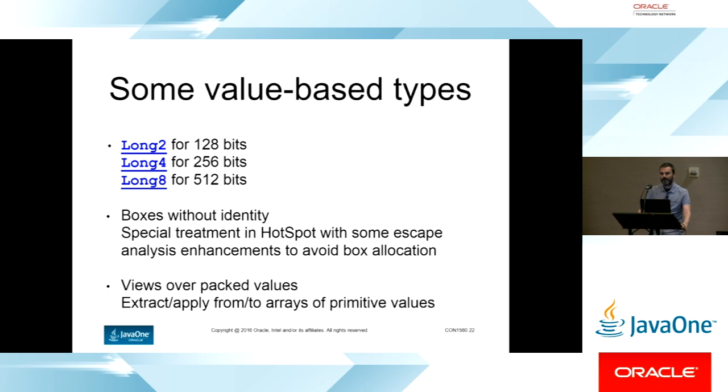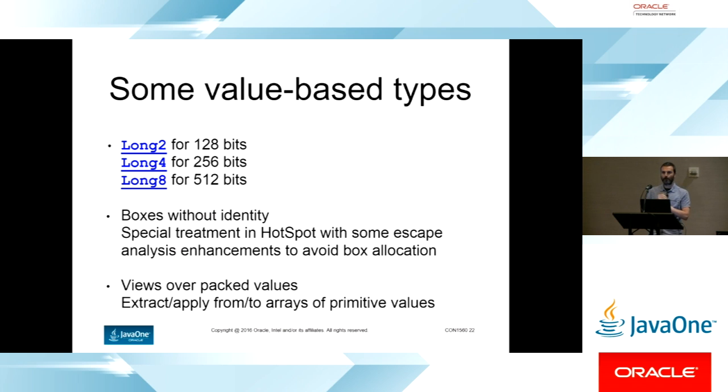Okay. So here are some value-based types we've added to Project Panama, or more specifically, Vladimir added to Project Panama. We have long 2 for 128 bits, long 4 for 256, and long 8 for 512. And these are currently value-based types. They're essentially boxes around fields of longs. We want them to be boxes without identity, so Hotspot can treat them specially. So I don't care about identity. I can optimize these better.